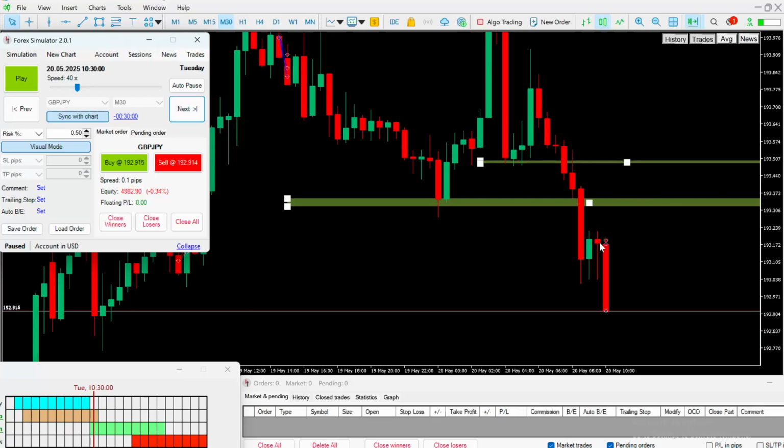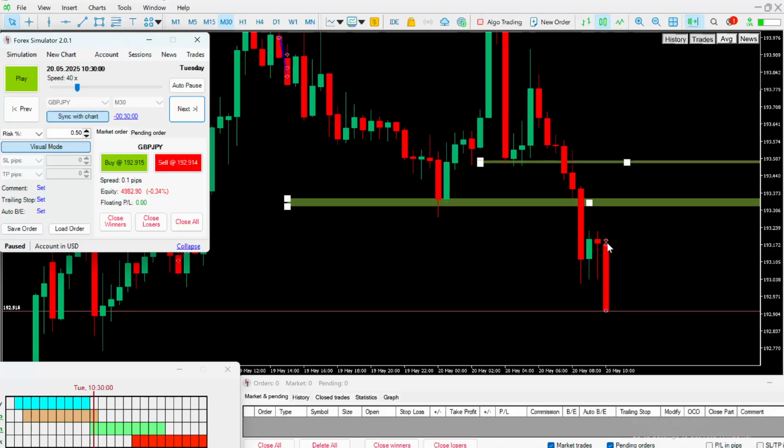Alright, so our analysis was right. It went down, so it's bearish at the moment. I just waited for the next green and then next red candle to take a sell. I didn't take a full 1% because I was not sure, because it looks like it's pointing up rather than down, so I took 0.5%.